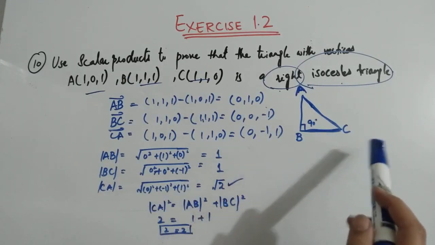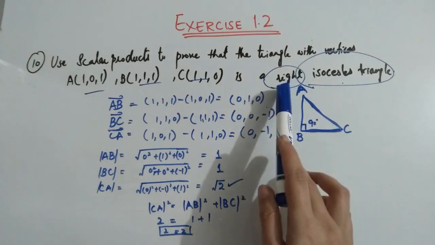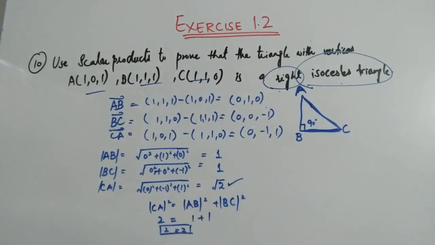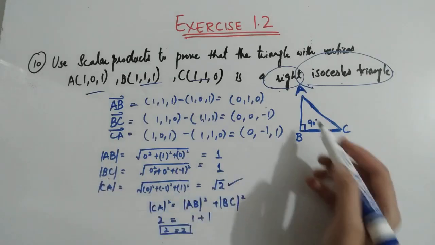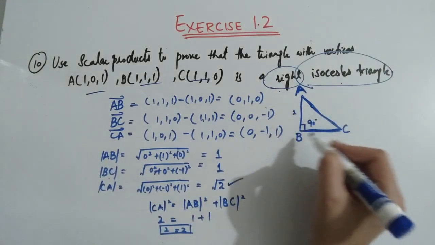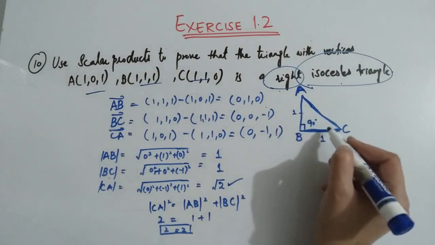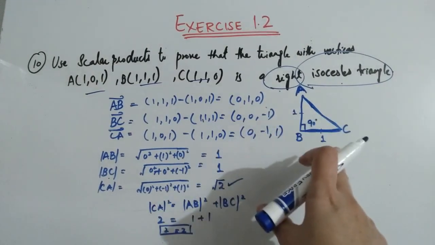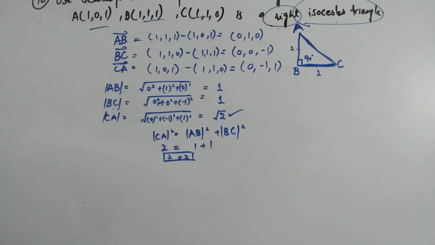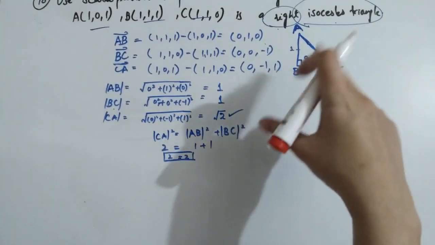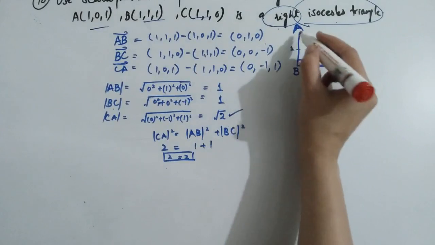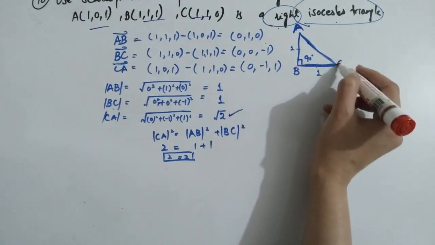Now you have to prove that it is a right isosceles triangle. You see that the magnitude of AB and BC is the same, AB magnitude is 1 and BC magnitude is also 1, so this is an isosceles triangle as it has two equal sides. Now to prove the second part, that it is a right triangle, you see that AB is perpendicular to BC.